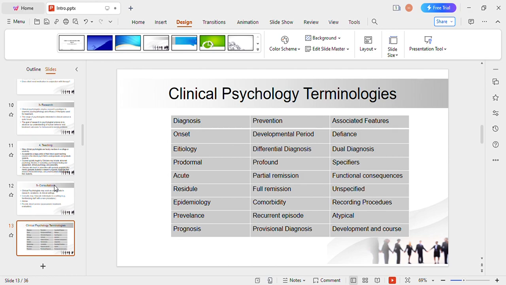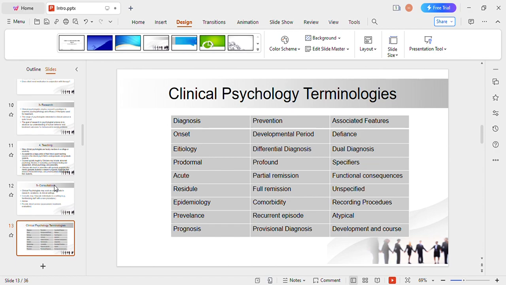Basically, this is the criteria for the identification of illnesses. And as I told you earlier, DSM-5-TR has revised the diagnostic criteria of multiple disorders. So these diagnoses will help you to understand the different sets of disorders.